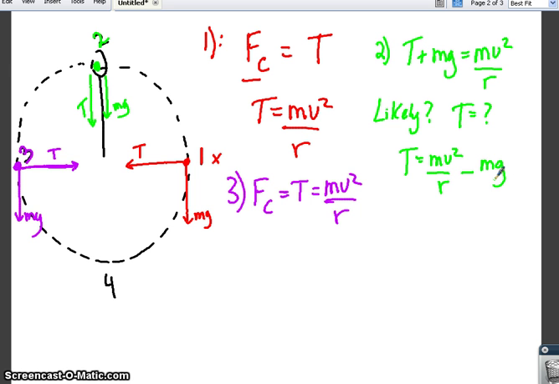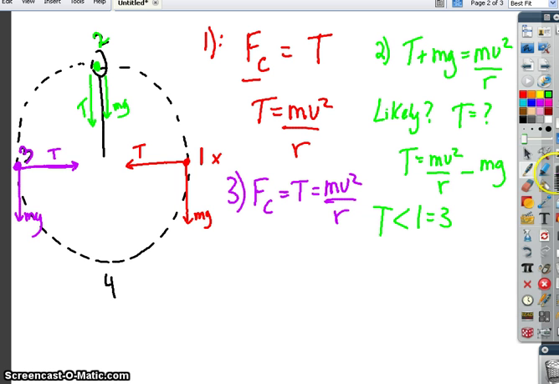So we can tell from this right here that the tension is going to be less at point 2 than it is at point 1 or point 3. So the tension is going to be less than at point 1 or point 3. Okay? Tension is going to be less. Oh, I should clarify that a little bit more.